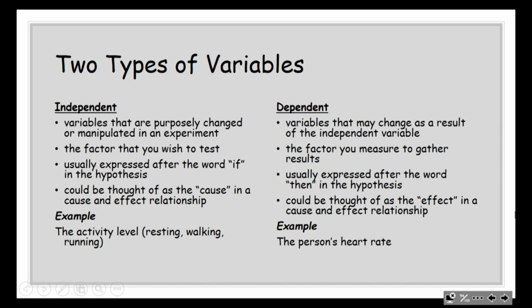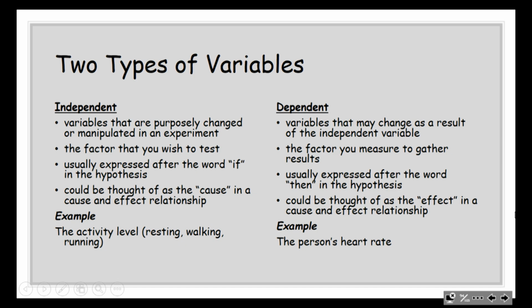Dependent variables, this is the factor that you measure to gather results. So when you're writing something down, you're getting your test results, that information that you're writing down is often the dependent variable. Okay, the dependent variable is usually expressed after the word then in the hypothesis, and this could be thought of as the effect in a cause and effect relationship.